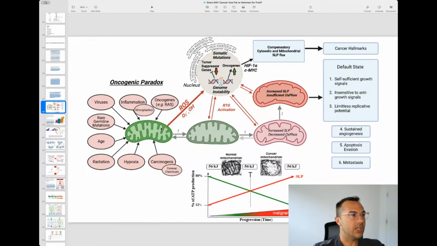So what is new about this graphic, because the rest is pretty much what we've seen, is that you have new bubbles here in the pink, or kind of salmon colored, where you have forever chemicals, carcinogens, hypoxia, radiation, age, rare germline or inherited mutations, and then viruses, inflammation, microplastics.